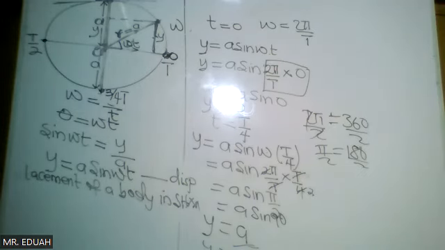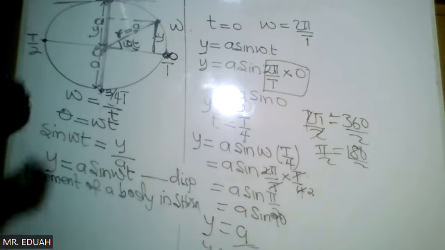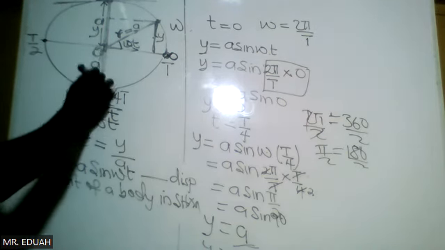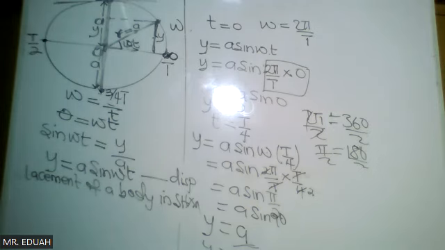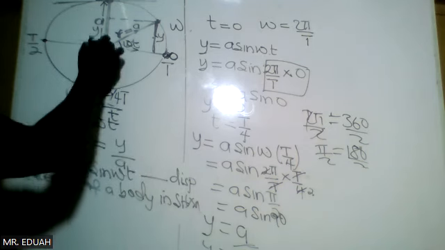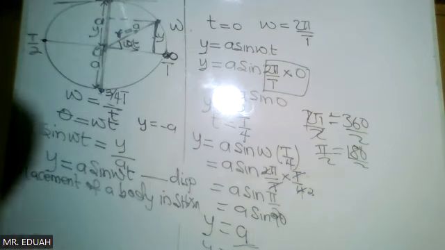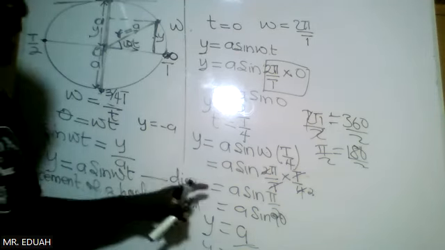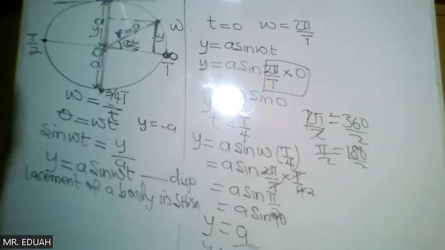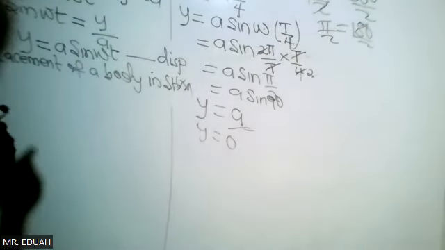The body has moved from here to this point. What is the displacement? I think it's the amplitude. It's the amplitude, but here it will be negative. When it comes here, the displacement is equal to negative A, the negative of the amplitude. We can use the displacement equation to verify. And this is how to do that.